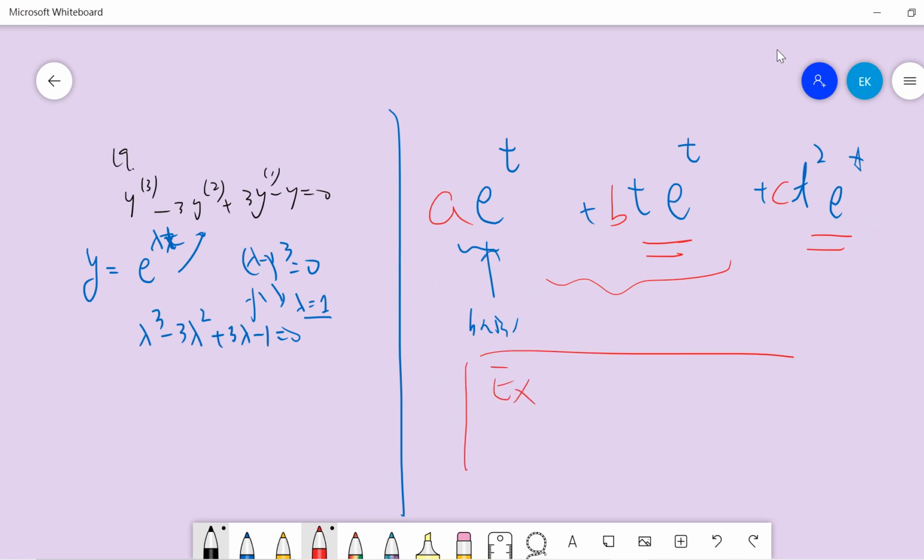Another example: suppose you get lambda equals 2 or 3, then the answer is exponential 2t, exponential 3t, and some constant. And if you get lambda equal 2 and 2, a double root, then the answer is just exponential 2t plus t exponential 2t, with some constant. So this is the common ordinary differential equation.